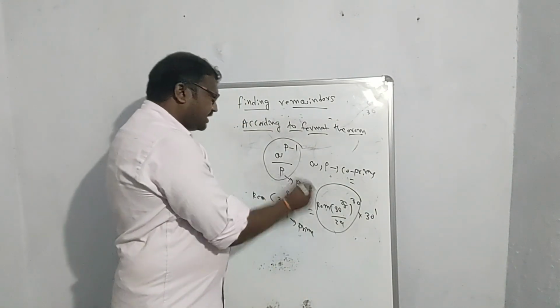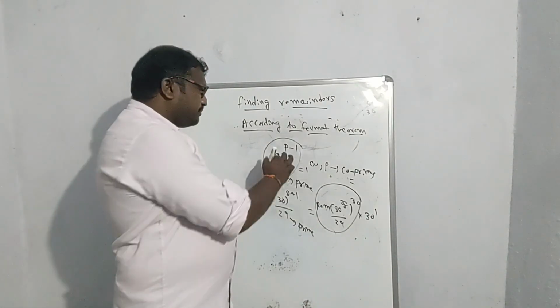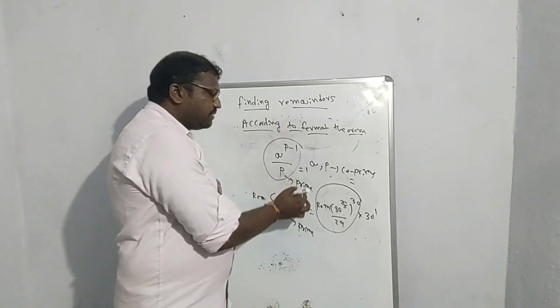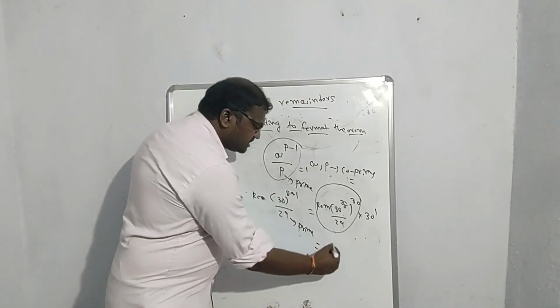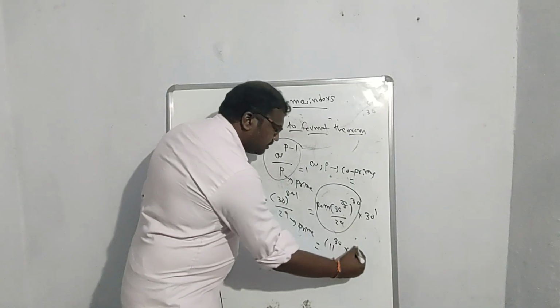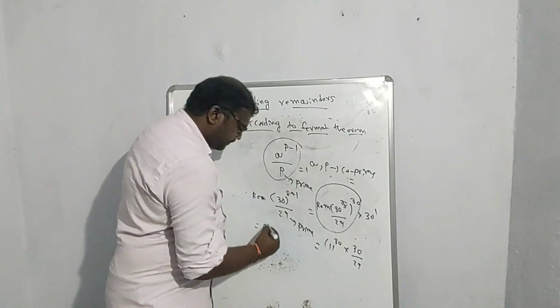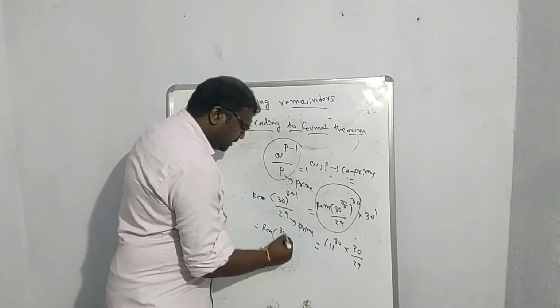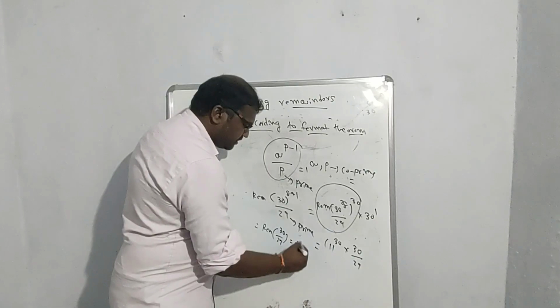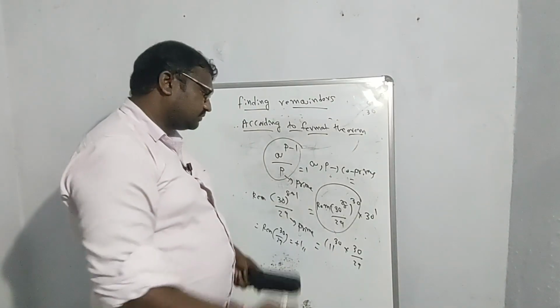According to Fermat's theorem, a power p minus 1 by p, if p is a prime number, the value is 1. So this value is 1. 1 power 30 into 30 by 29, so the remainder of 30 by 29 is plus 1. Your remainder is plus 1.